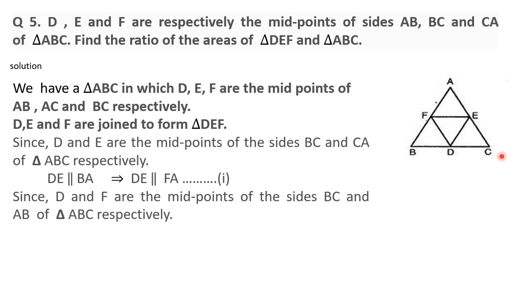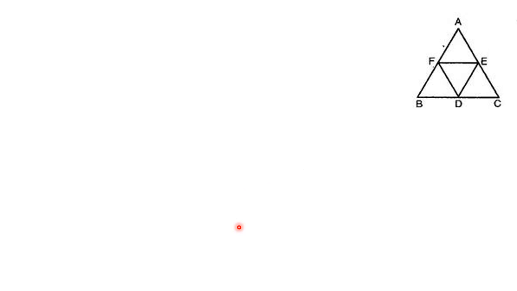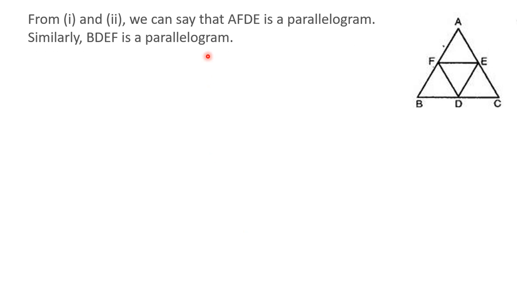It is also parallel to AC. Then again DF is also parallel to CE. Then by these two, when DF is parallel to AC, that means DF is parallel to AE also.